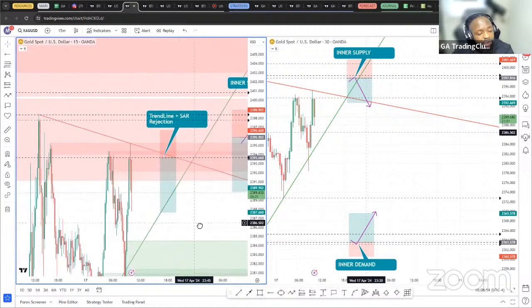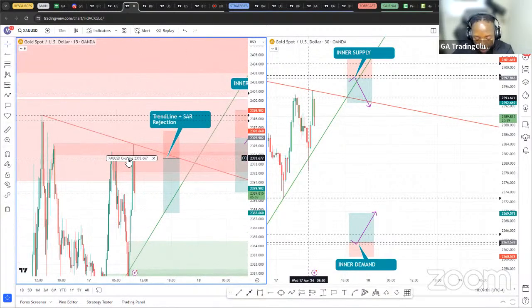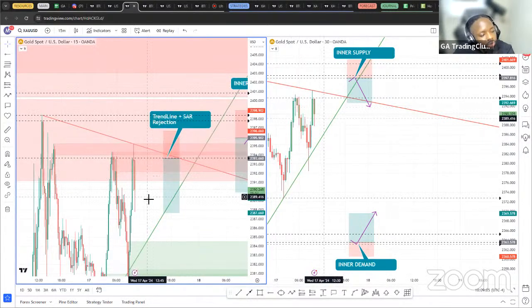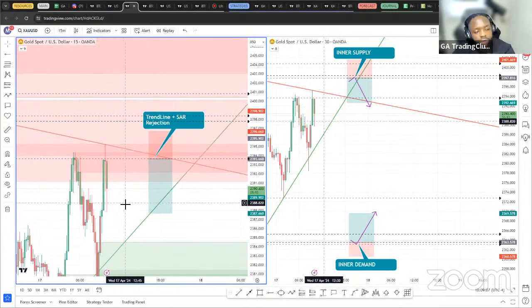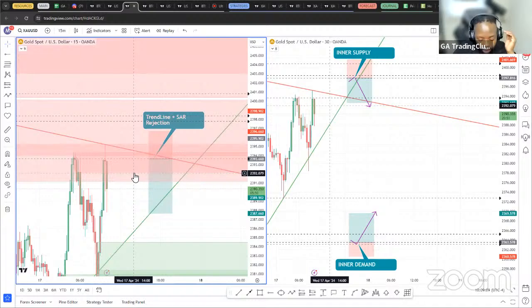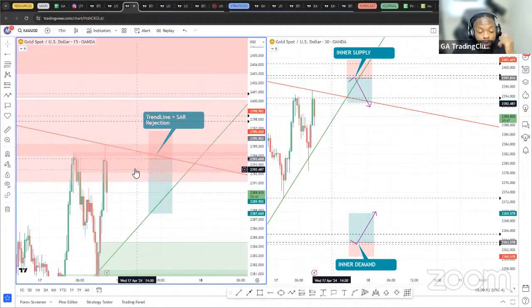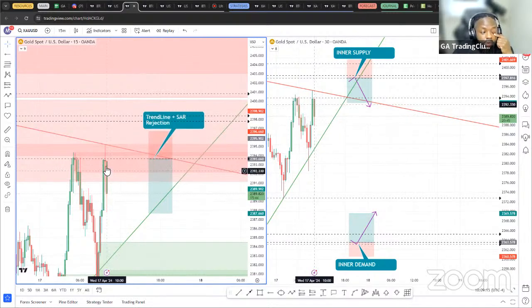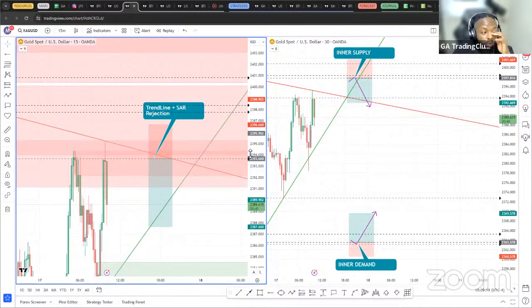Now, the other part you can do for this kind of trade, in order to also maybe avoid fake outs, the same thing with SARs, right? So you remember when I was talking about expecting a retracement, but then if price gets to one zone first before coming back up, you would want... let me see.